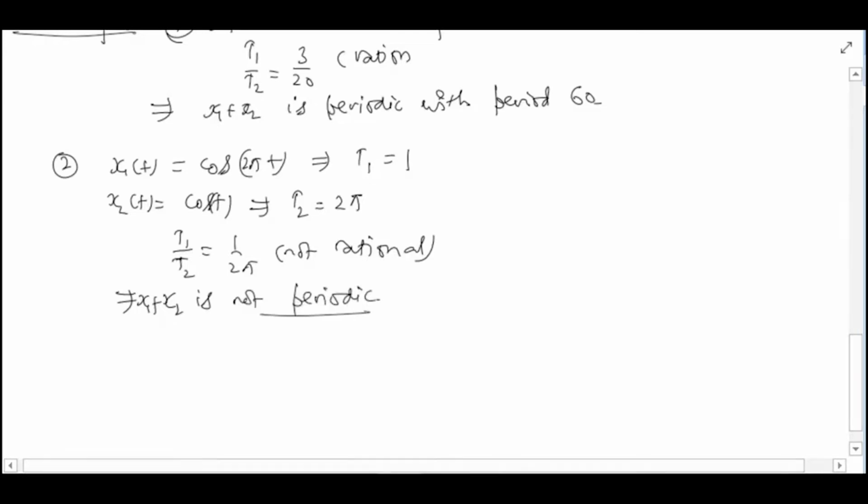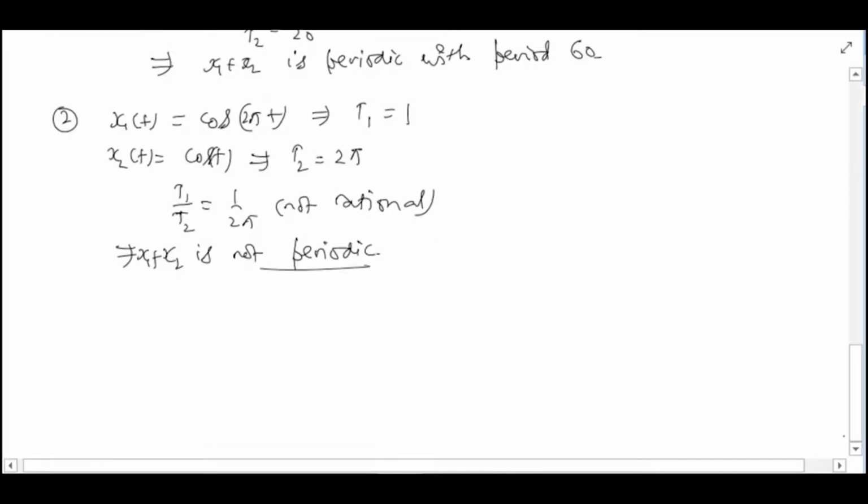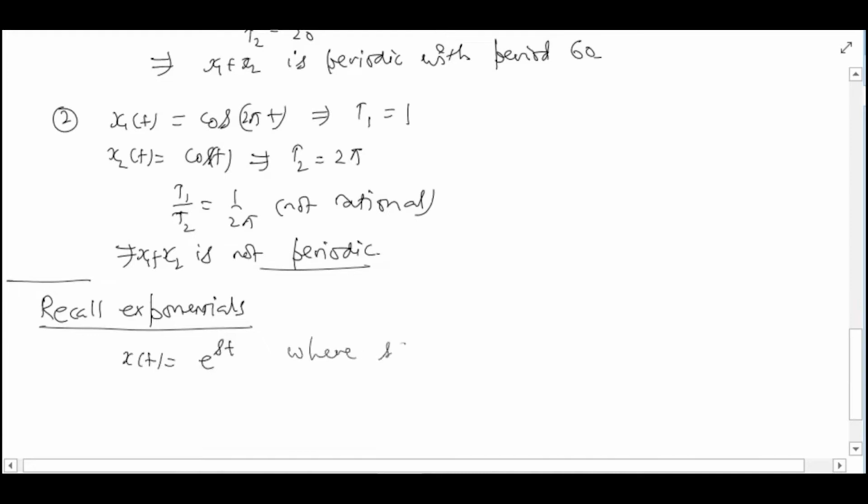Having seen periodic signals, let us now also recall the notion of complex exponentials. Recall that x(t) equals e raised to st, where s is a complex number, is called a complex exponential.